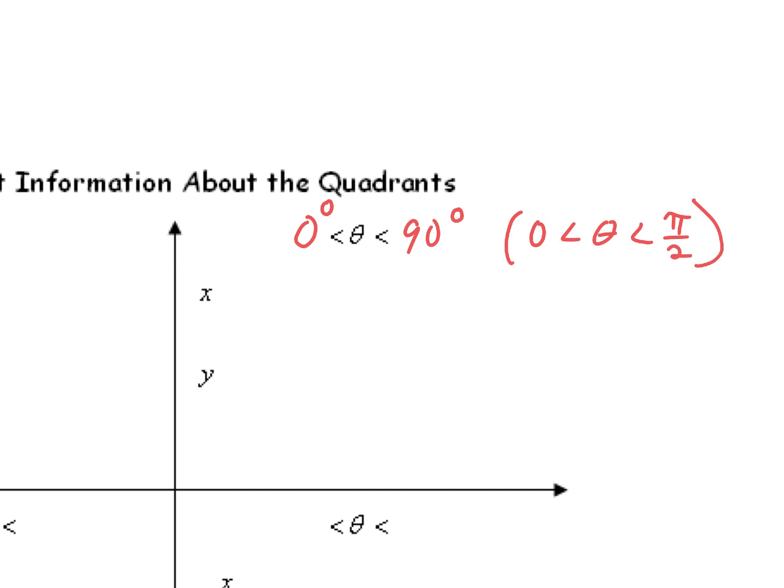So in this case, remember that your x values are positive. Another way of saying positive in math class is greater than 0. Your y values are also greater than 0. So x is positive and y is positive.